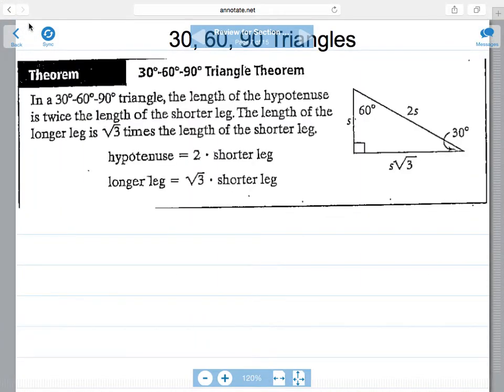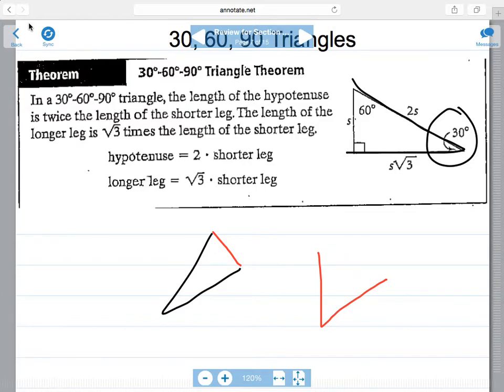All right, 30, 60, 90. Again, I think the main thing people forget on this is to see where the angles are. The way I think about it is, whenever you have a 30 degree angle, something like this, the segment that connects the two parts of the angle is short. When you have a 60 degree angle, it's a little bit bigger.